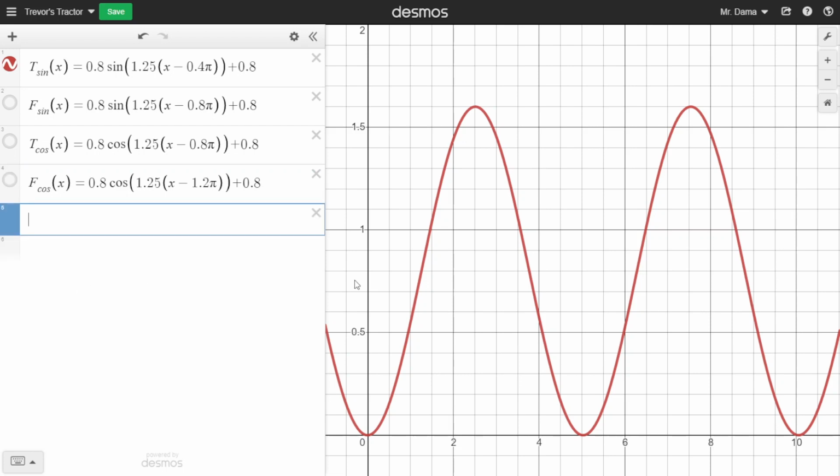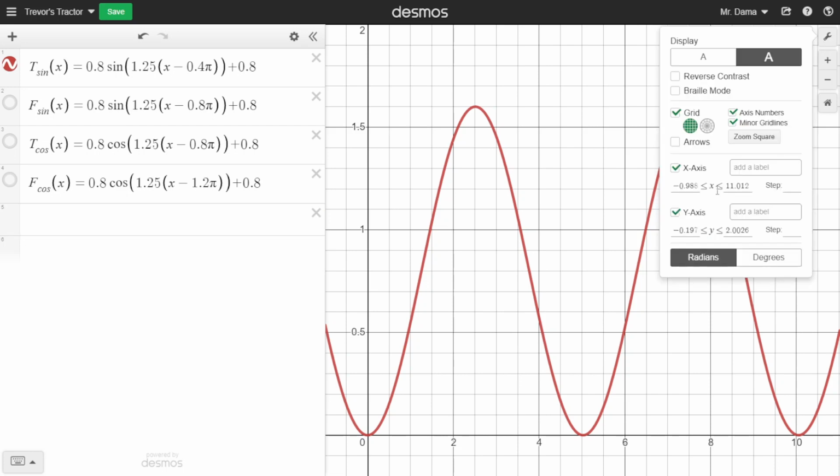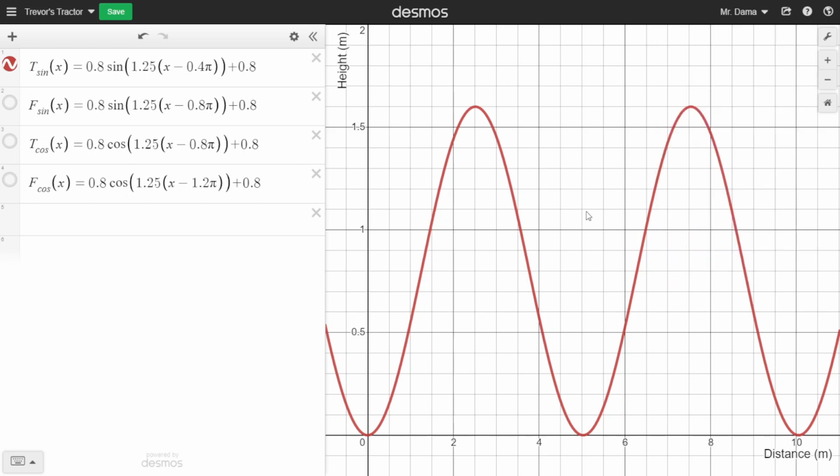In the first 10 metres, I might just label it: distance travelled, distance in metres, and then height of the mark in metres also. Because that's kind of key for us. This is probably one of the first few times we've done a distance versus distance graph, but it should work the same.